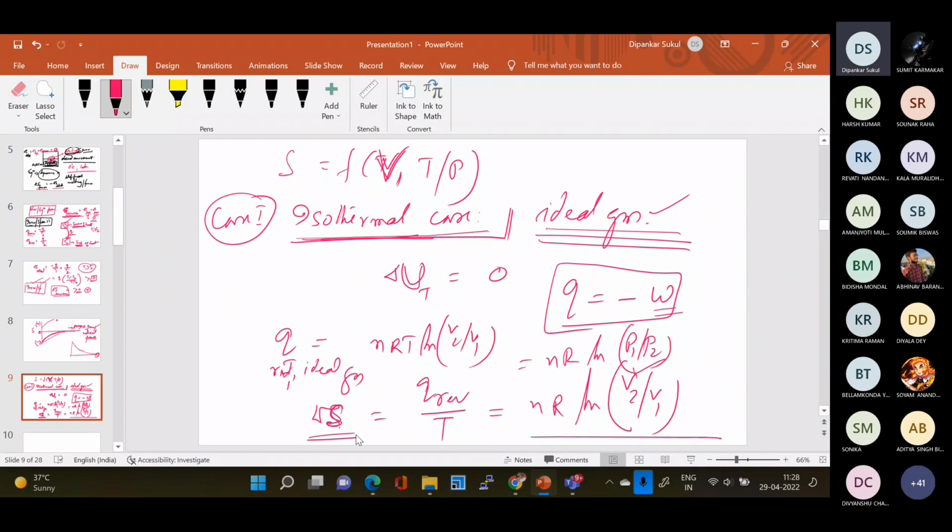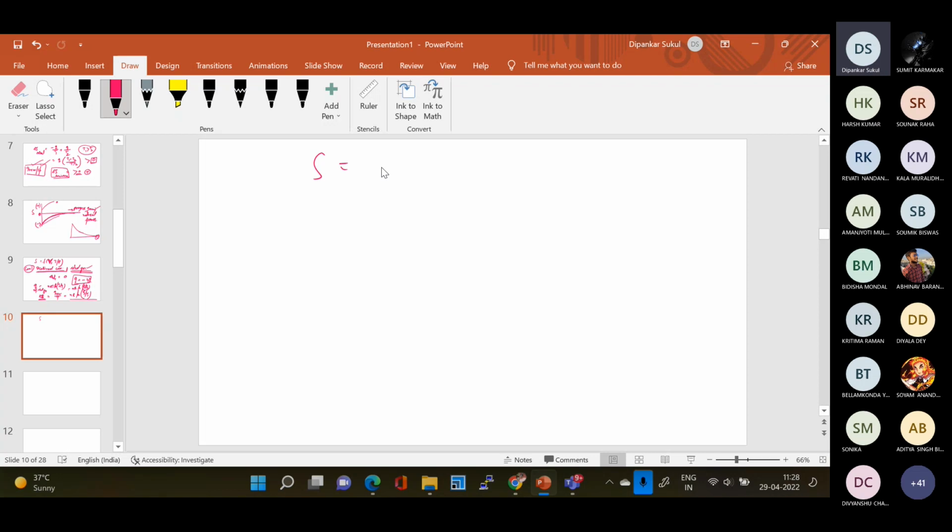Now suppose how entropy changes with temperature. So here again two cases. Consider volume constant. Then you know what is Cv?